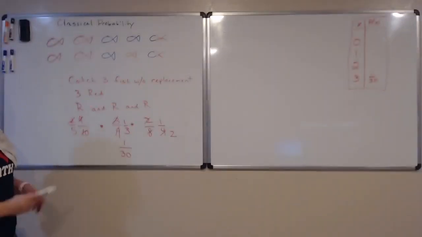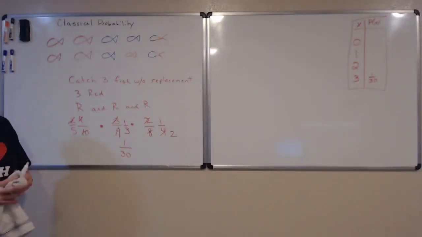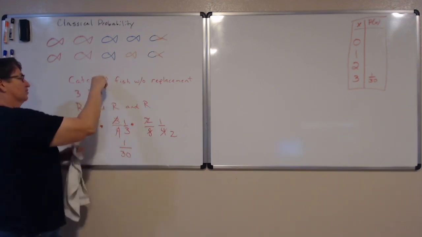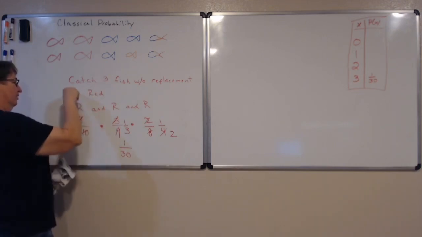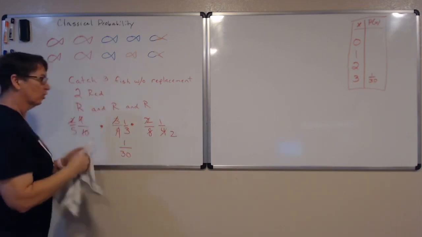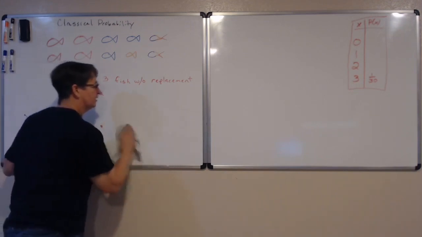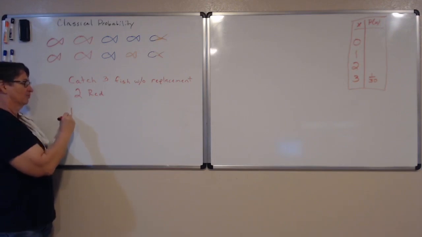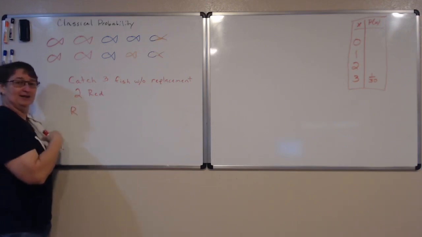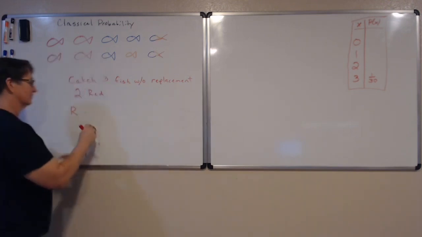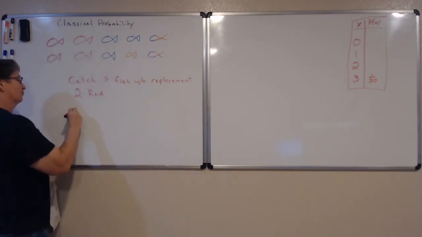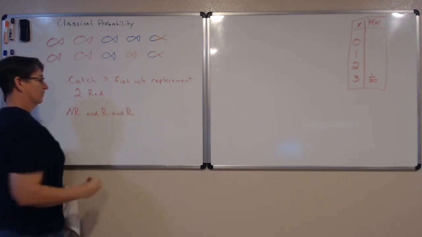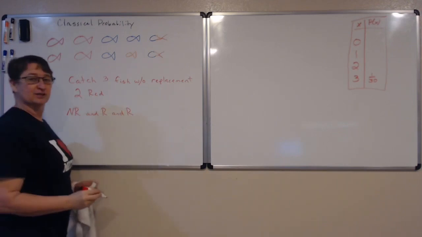All right, now let's do 2 red. Oh no, I'm still catching 3. Still catching 3, but I'm going to do 2 red. Remind me how we did that yesterday. Give me the words for it. Maybe we did a red on the first one, and not red, red, and red. Cool. Not red on the first one, and red, and red. Is that the only way to do it?